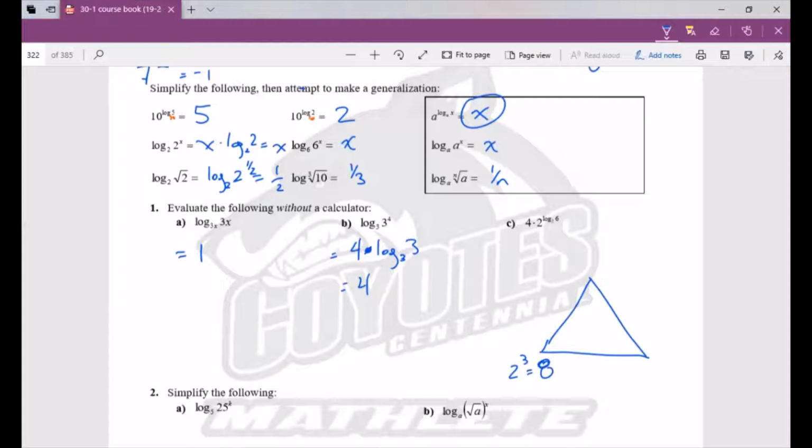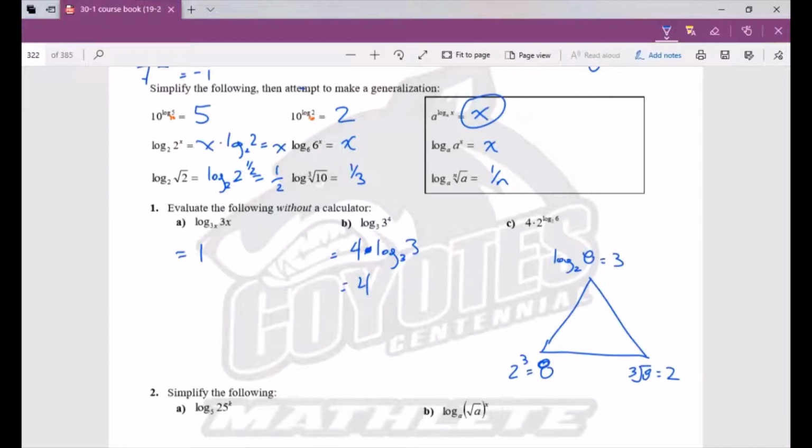We learned that way back in probably junior high. And if that's true, then the cube root of 8 will equal 2. And if those are true, then the logarithm of 8 base 2 is equal to 3. So just a reminder that this is really all that a logarithm is.